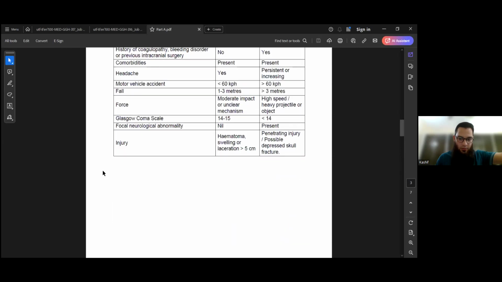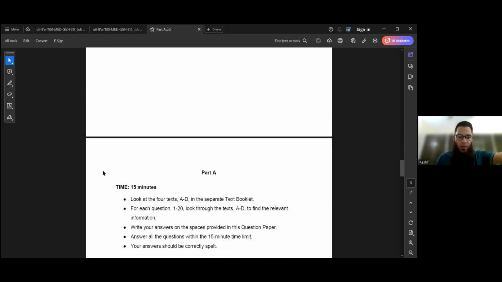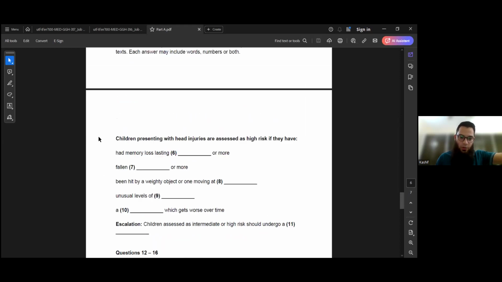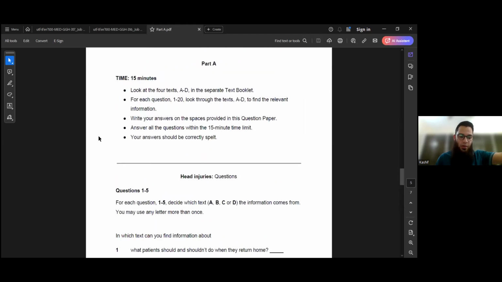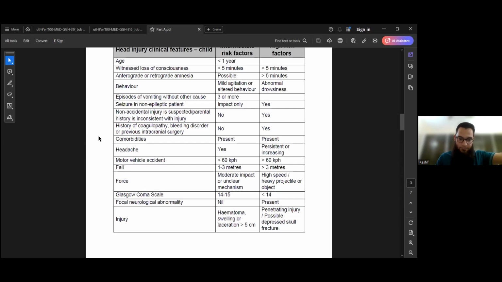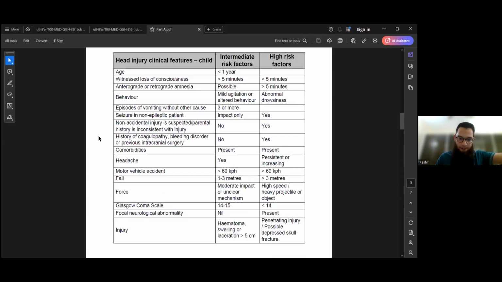Okay, fallen. You have seen it now. Or more, being hit by a weighty object or one moving at dash, unusual levels of dash. We will see 8 and 9 together. Being hit by an object moving at what, and unusual levels of what?